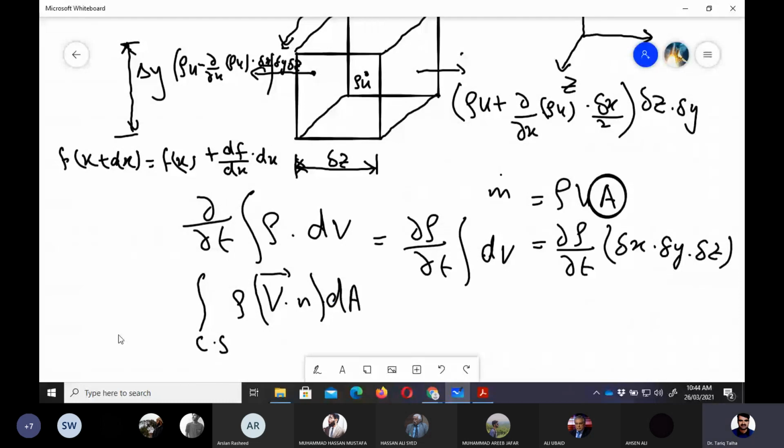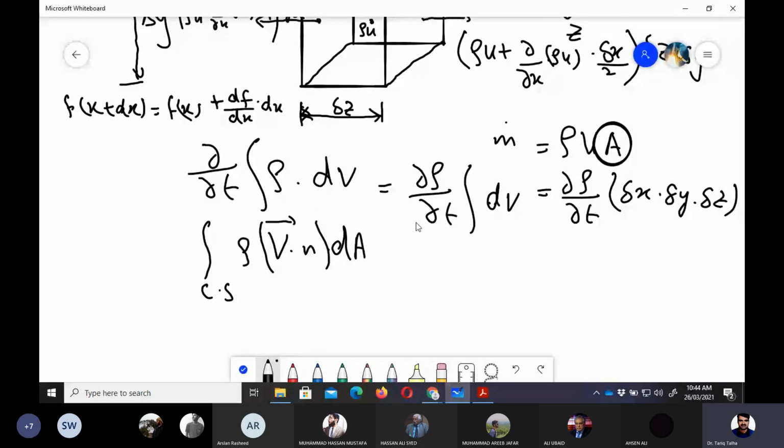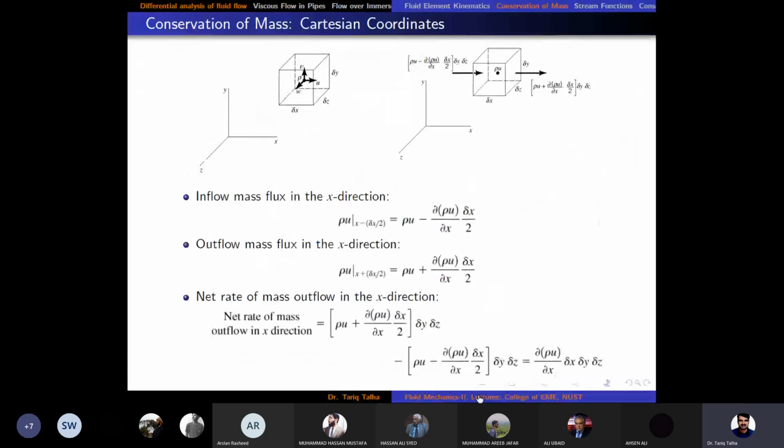Okay. So if we write it for the x direction, it would be equal to, as it was written here, partial rho u by partial x into del x del y del z, right? But if we look at this control volume, because the flow is considered to be three-dimensional, a similar kind of term would be there for the y direction, and also for the z direction.